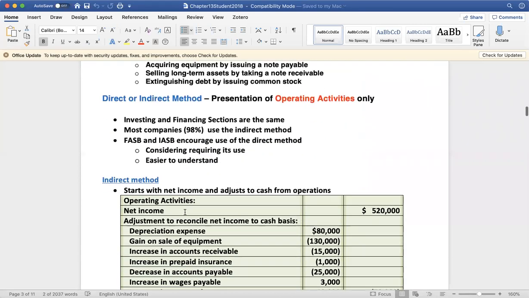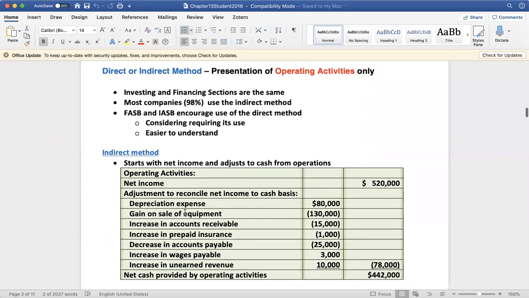Then I'm going to talk a little bit about the direct or indirect method for the cash flow statement. When we talk about the direct or indirect method, we're basically talking about operating activities only. The preparation for financing and investing activities is the same for both the direct and indirect method.